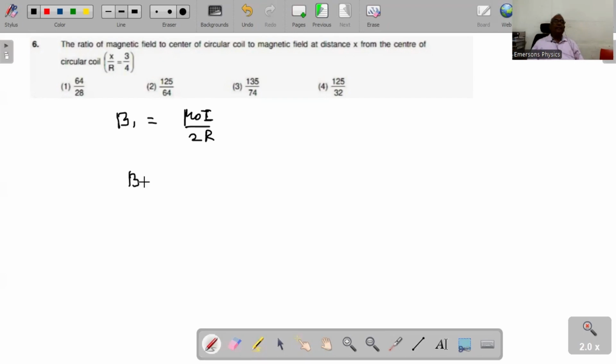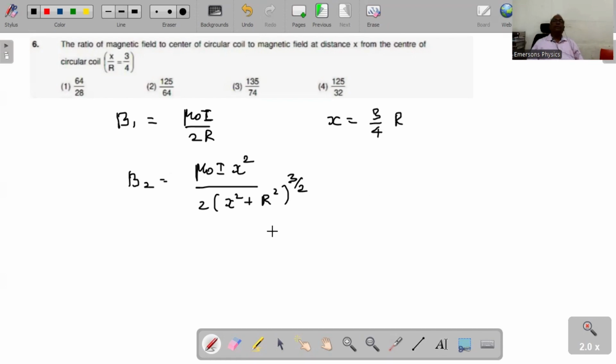Axis formula, let us take it as B2: mu naught I r squared, into 2 into x squared plus r squared to the power of 3 by 2. So it is clear x is equal to 3 by 4 r. Now, instead of x, I am going to substitute this value.